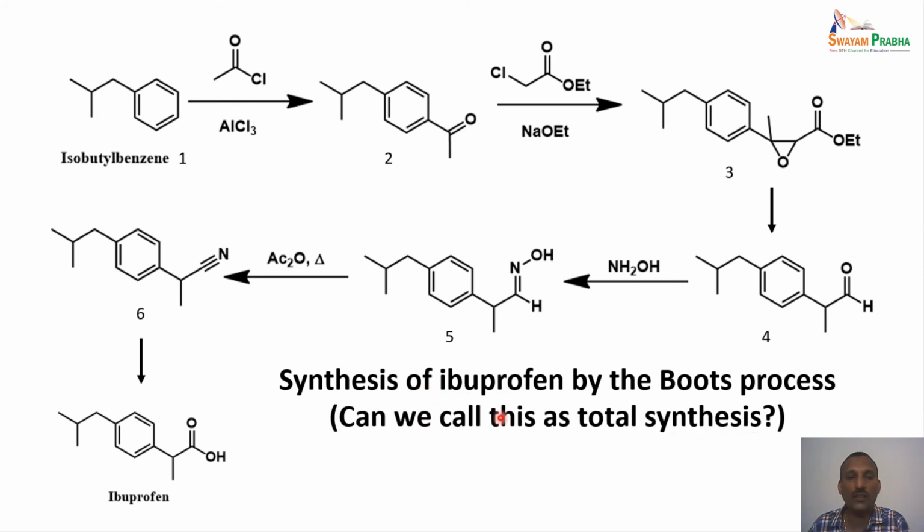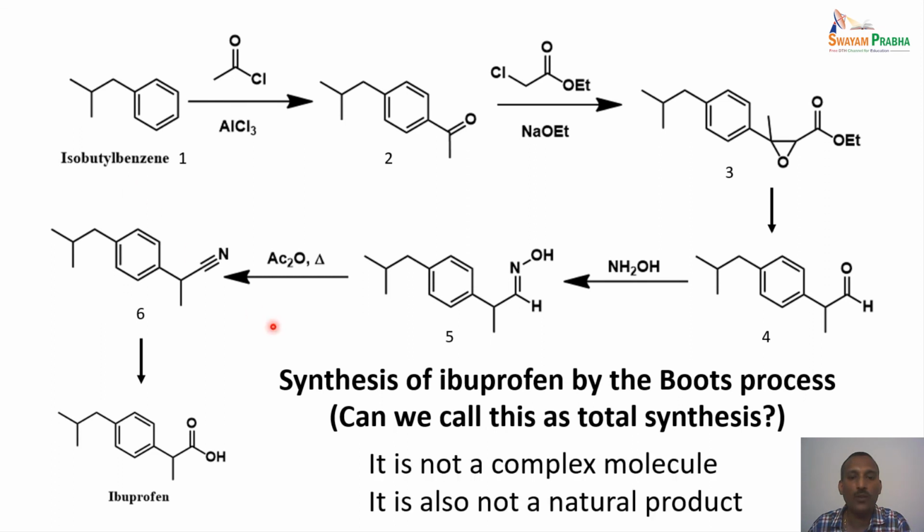So can we call this a total synthesis? Now the major question is, what is a total synthesis? The total synthesis should give a compound that is naturally occurring, and it should also start from a simple starting material. So does this synthesis meet that criteria? I don't think so, because first of all, this is not a complex molecule.